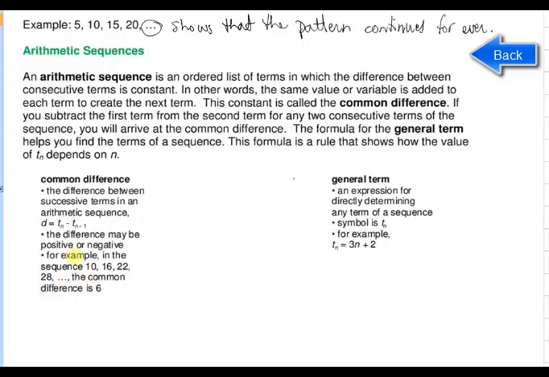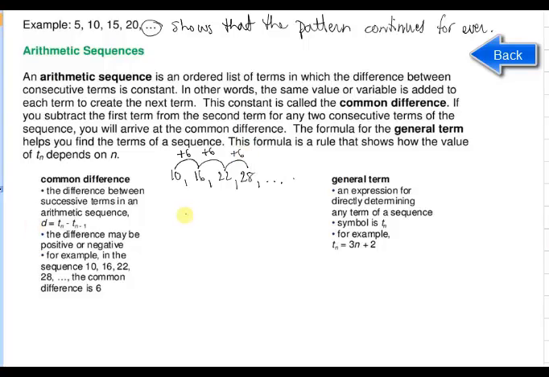So let's take a look at that and our little formula here. So we have this sequence 10, 16, 22, 28, ... And you can see by looking at it that to go from 10 to 16, you would add 6. To go from 16 to 22, you would add 6. And to go from 22 to 28, you would add 6. And so to get the next number, you would add 6.